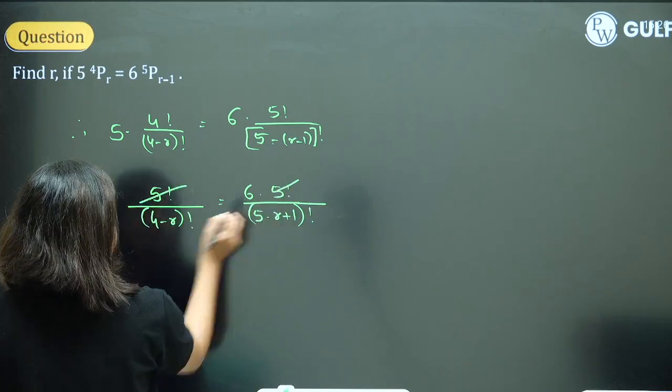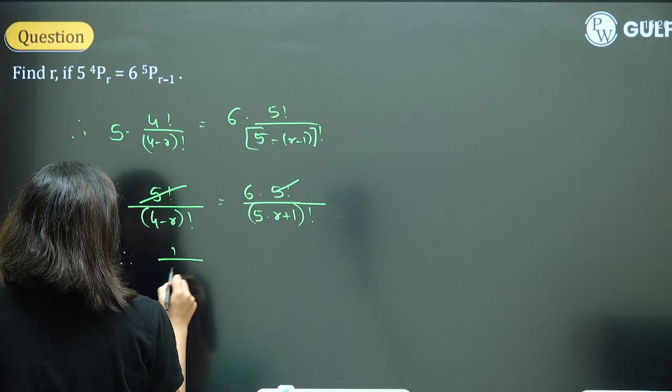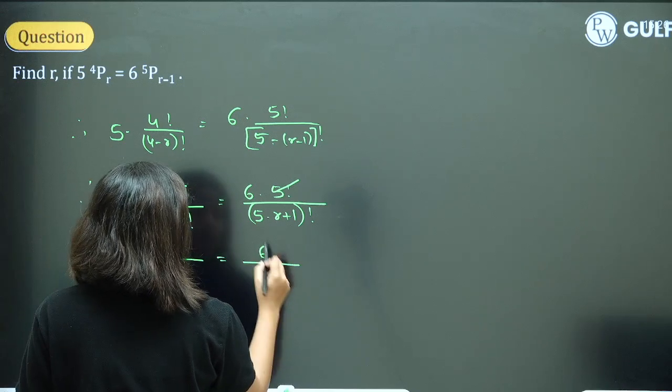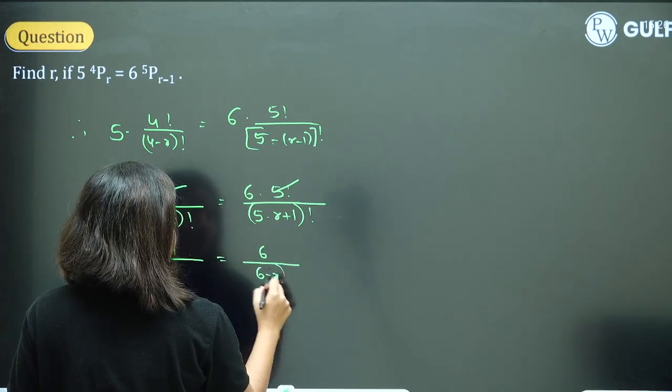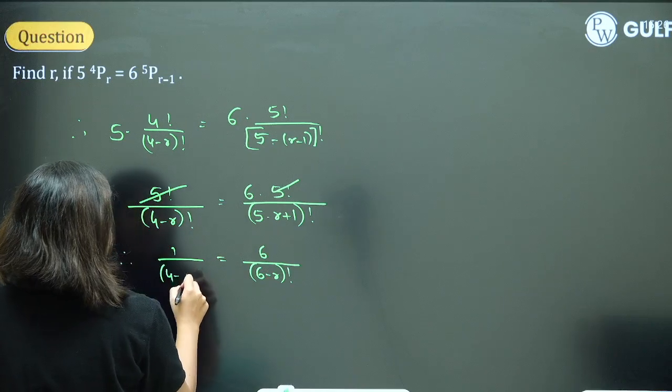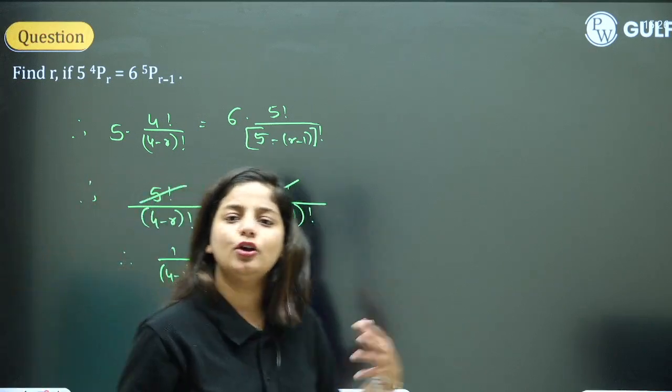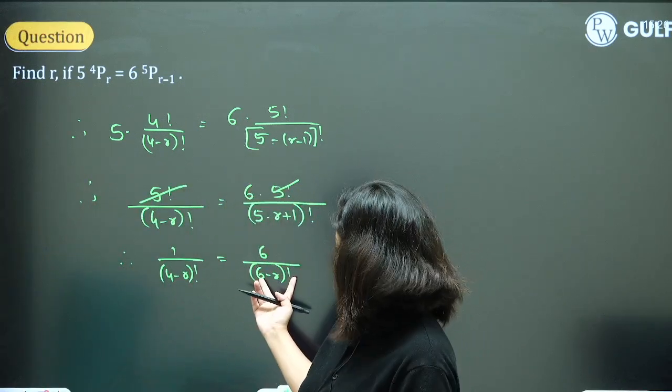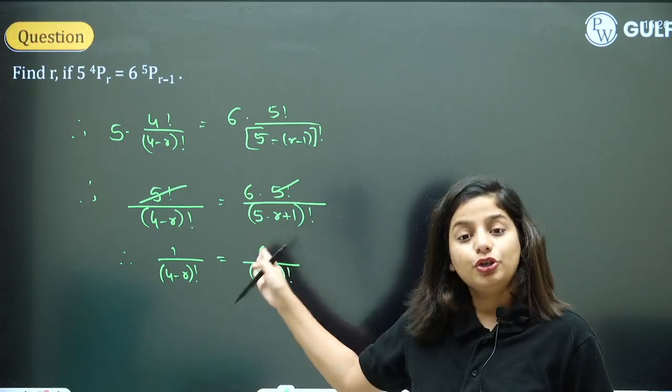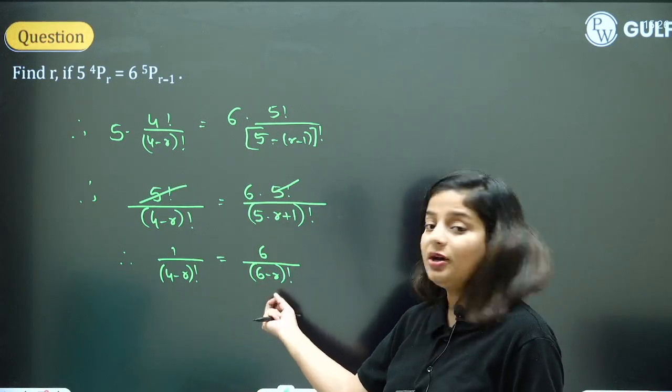Now this 5 factorial will be cancelled. We have 1 upon (4 minus r) factorial and 6 upon (5 plus 1 minus r) factorial, that is (6 minus r) factorial. Guys, which one is bigger, 4 minus r or 6 minus r? Of course, 6 minus r is bigger. So you will expand, you will open up the bigger term.